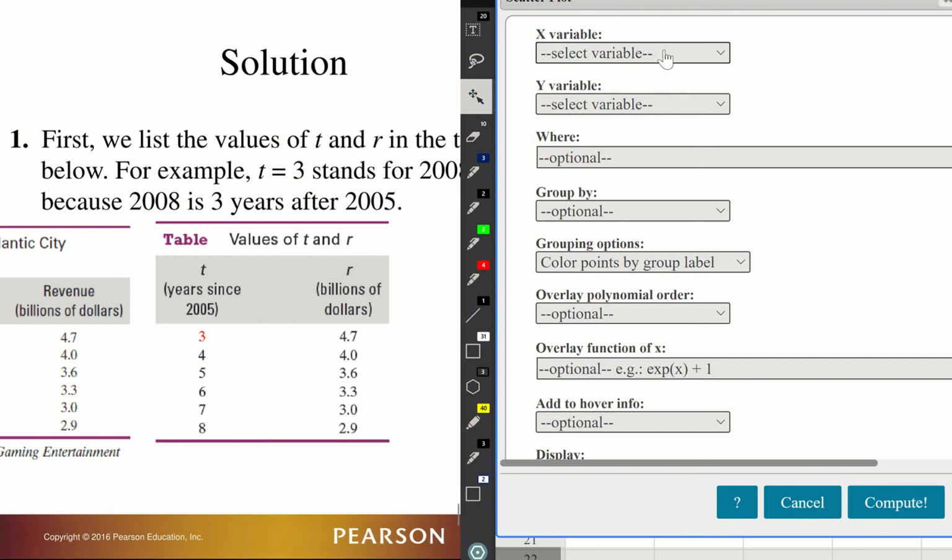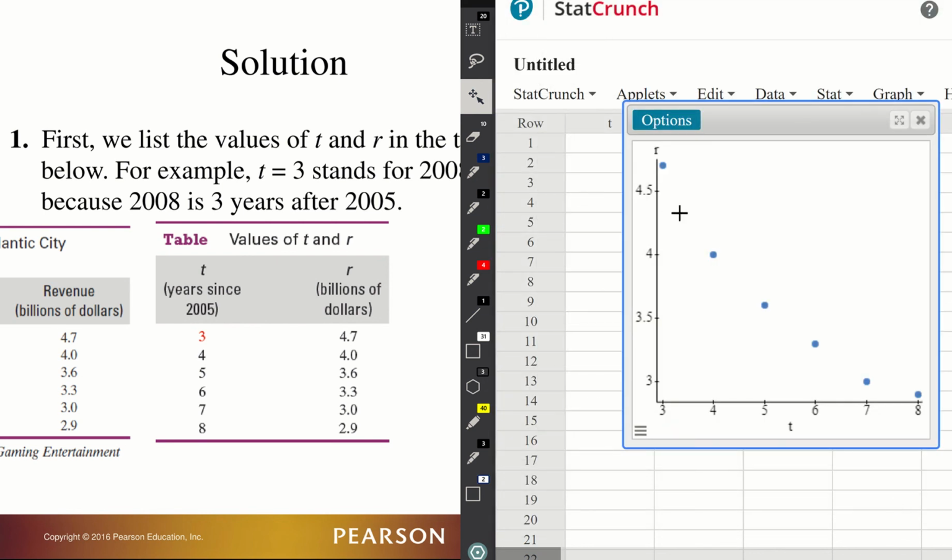And for the X variable, that means basically for the explanatory variable, we're going to pick T. For the Y variable, which is the classic variable for the response variable, we're going to use R. And that should be all the information you need. You go ahead and compute.